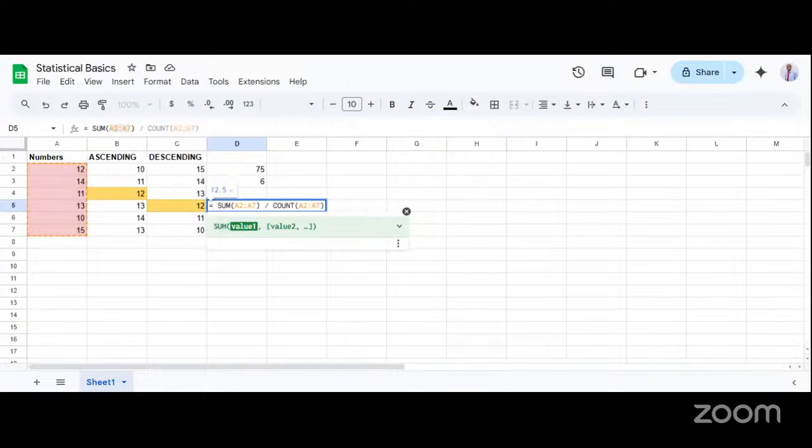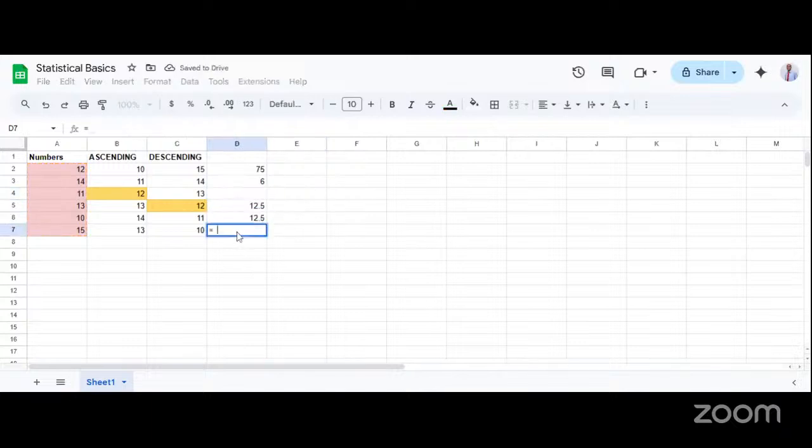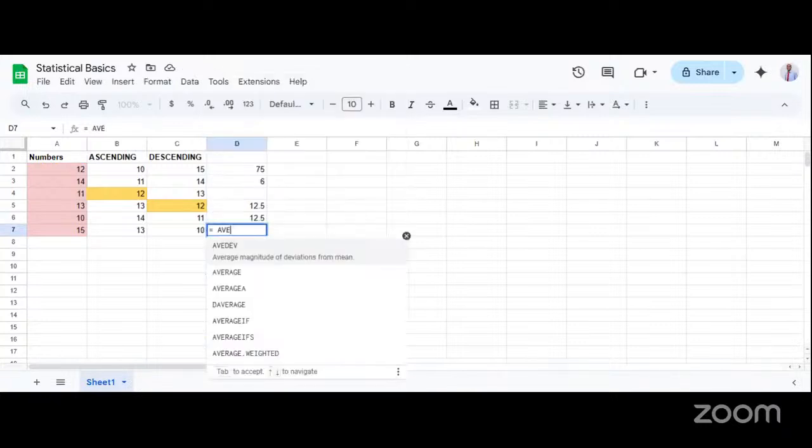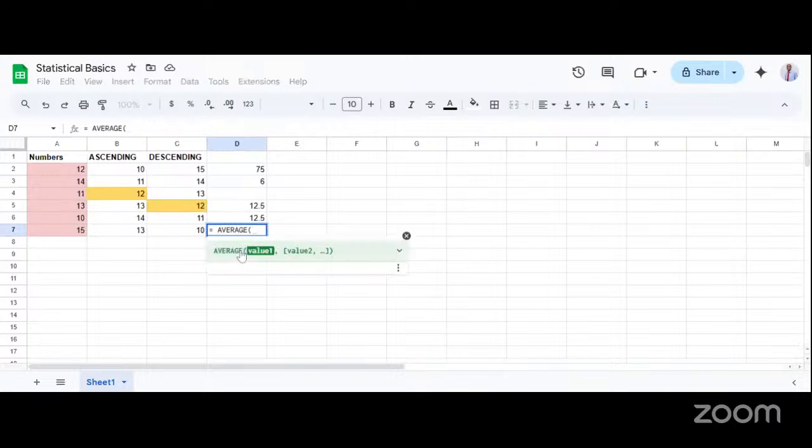So this is actually the formula to calculate the median in this context, in a way that is still detailing the formula. But if I just want to calculate it generally, I will have a function for that too. So we have the average function.